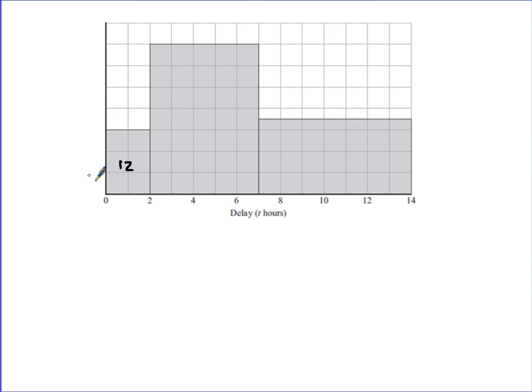Right, well, the first thing to note is that 6 boxes equal 12. So 1 box then will be worth 2. So what we're looking to do here is for more than 7 hours. So if we work out here how many boxes we've got, so it's 1, 2, 3, 4, 5, 6, 7. So it's 7 boxes times by 3.5.